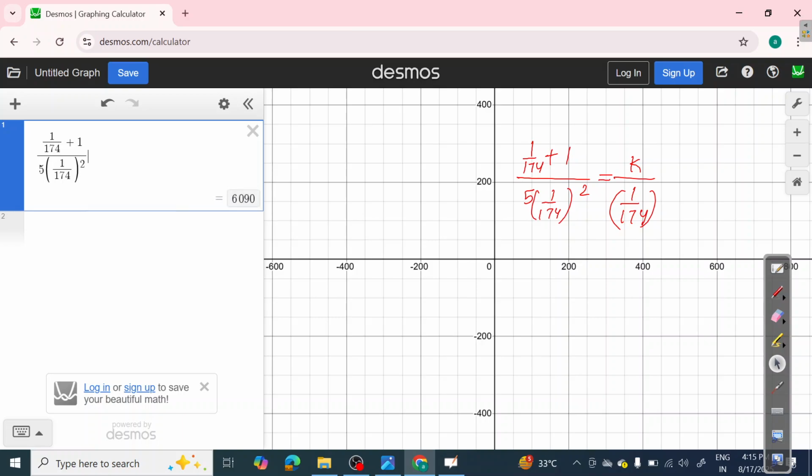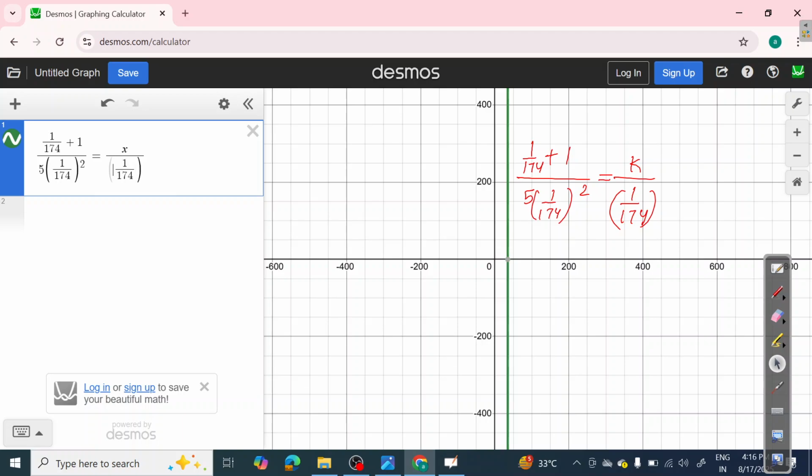Whole square equals x, okay, not k. Otherwise, if you put something else instead of x and y, some other letter, it'll show you a slider. And that's a different concept.